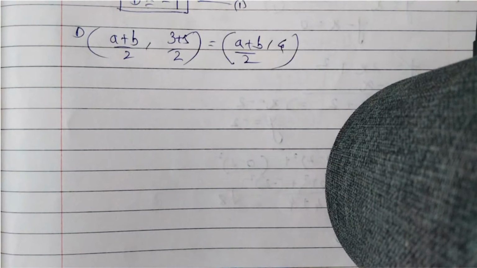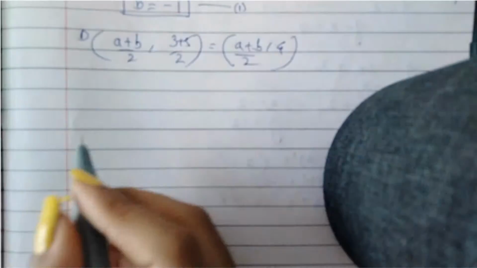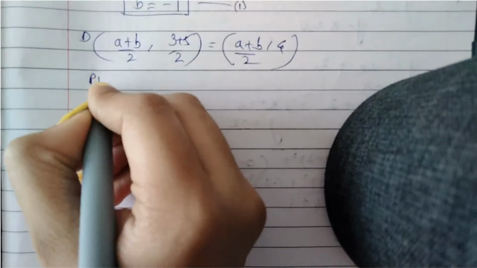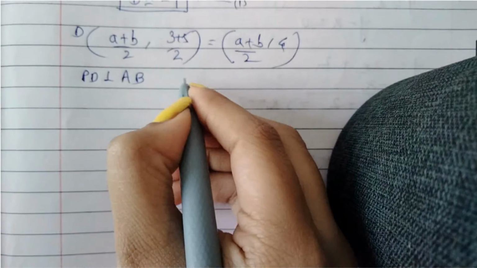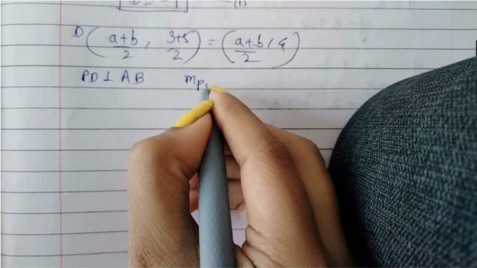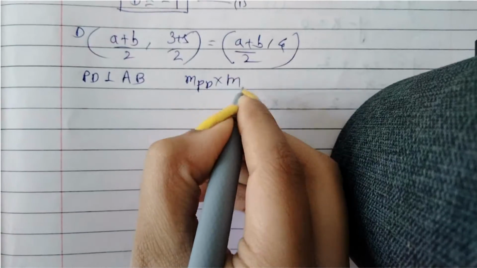Now we know that the perpendicular bisector, which is PD, is perpendicular to AB. Hence the multiplication of their slopes will be equal to minus 1.